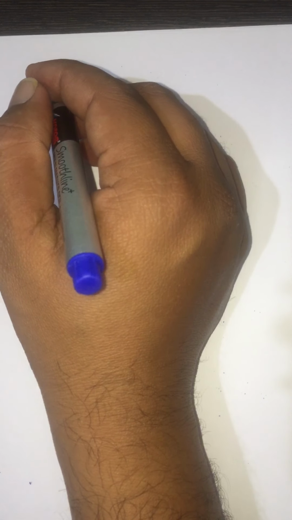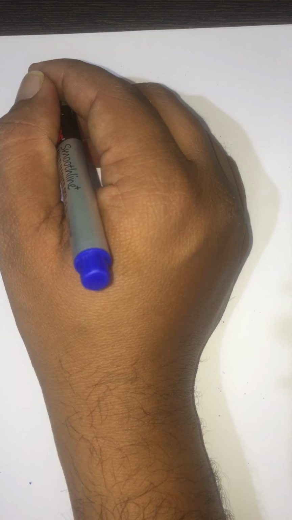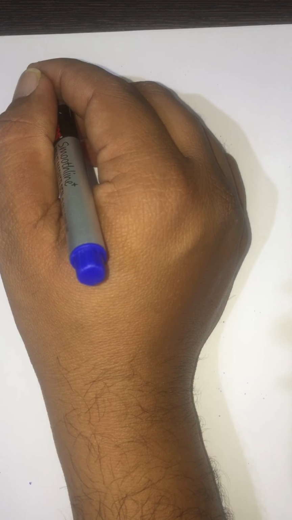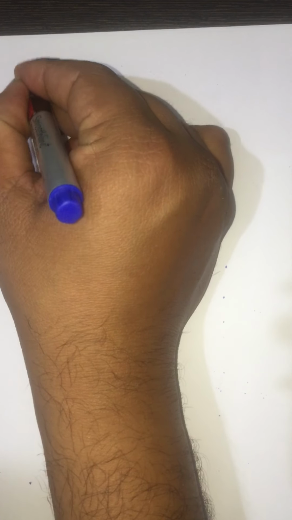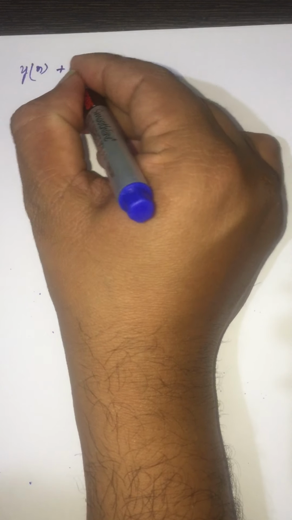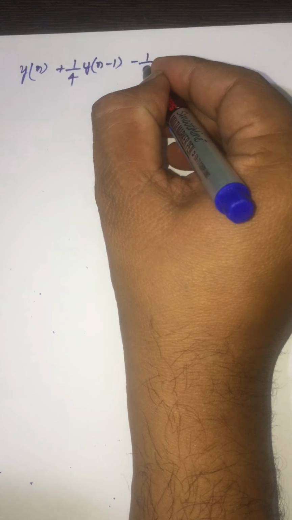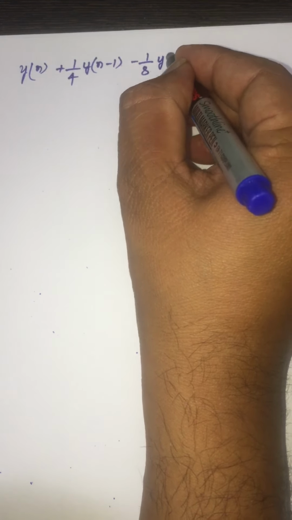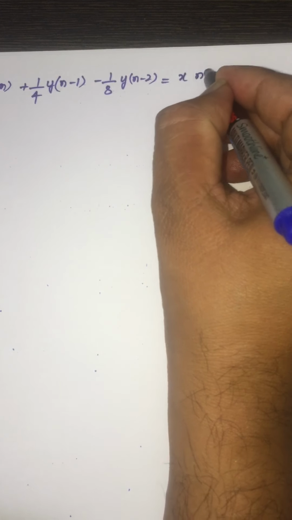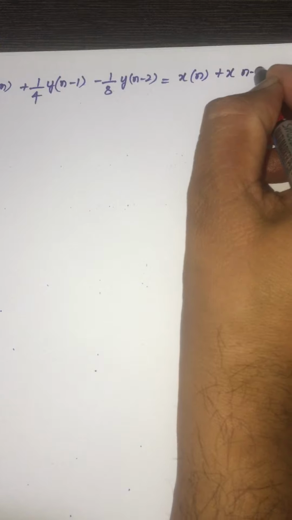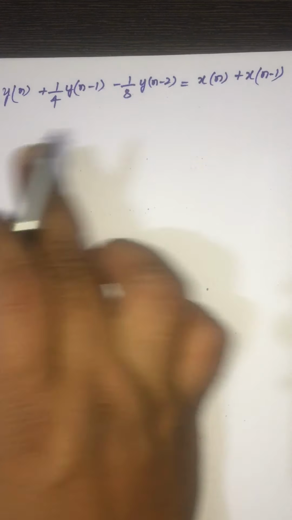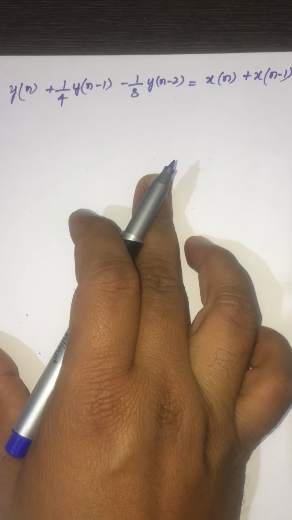Or the question will be like this: draw the direct form 1 and direct form 2 implementation for the system described by the difference equation like this: y of n plus some constant y of n minus 1 minus 1 by 8 into y of n minus 2 is equal to x of n plus x of n minus 1. This is the difference equation which is given in the question, right?